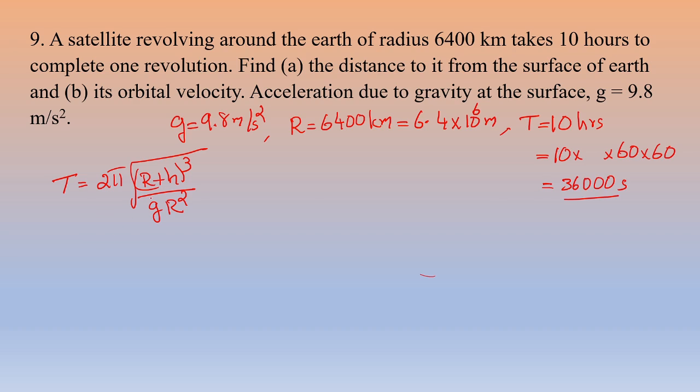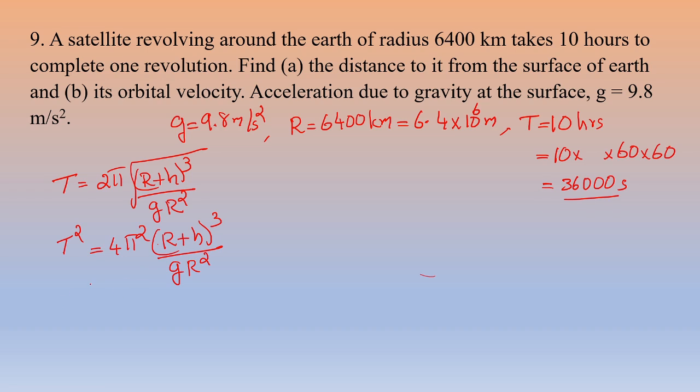And from this equation, we have to find out the value of h. So let us square on both sides. T square is equal to 4 pi square r plus h whole cube divided by g r square.